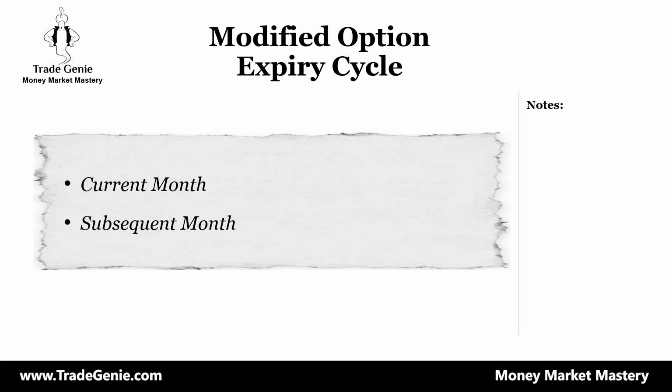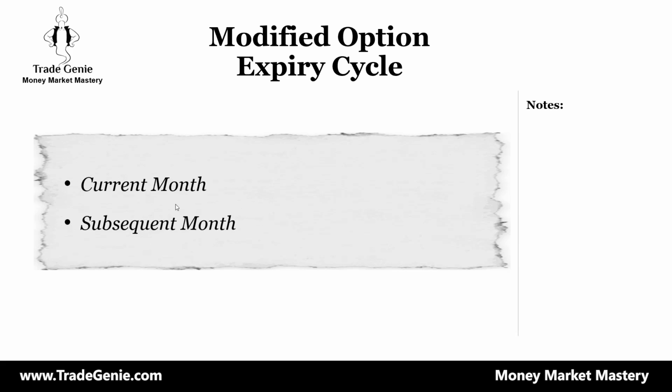One is because it's assigned to the March cycle, so December comes automatically. And it so happened that December is the current month. But all options right now are also showing January as an expiry because that is the subsequent month.